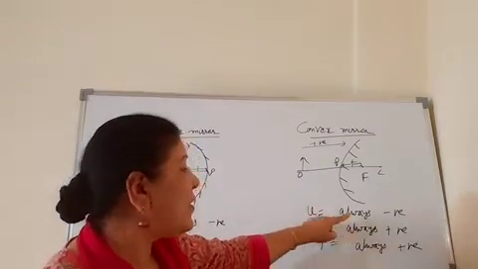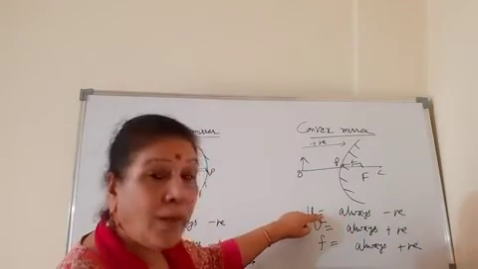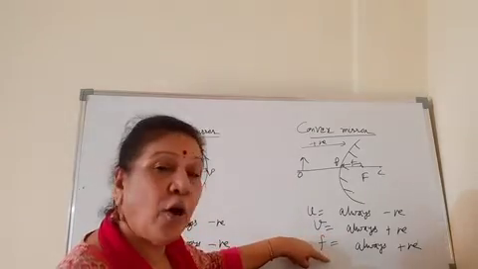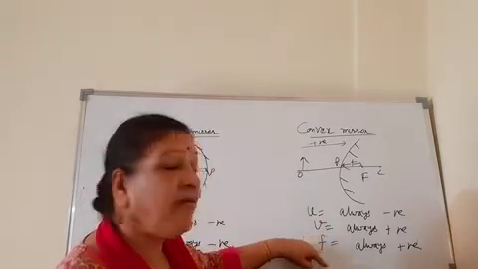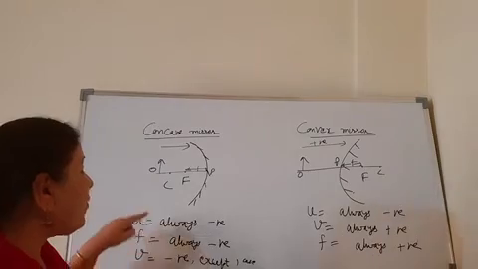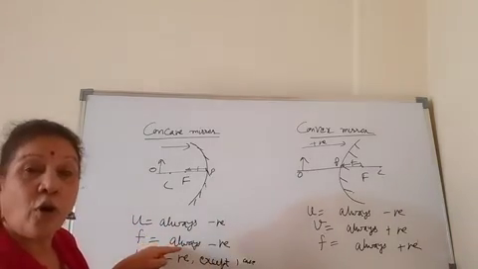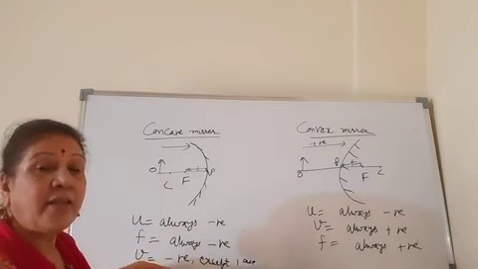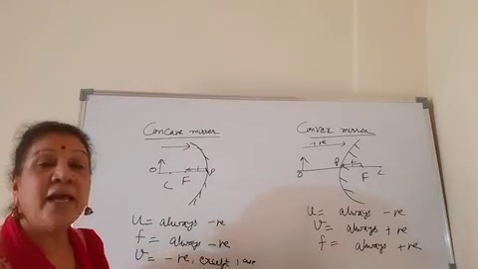So for convex mirror, U only is negative, V and F are always positive. For concave, U and F are always negative, V other than the one case is also negative.